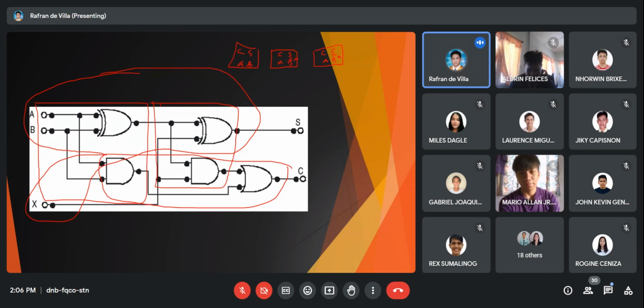So carry out and carry in. Okay? So if let's say kaninang sa 3-bit nga input, this will be B0 nga input, this will be your B1 nga input, and this will become your B2 nga input. So this is for your A0, A1, and A2.